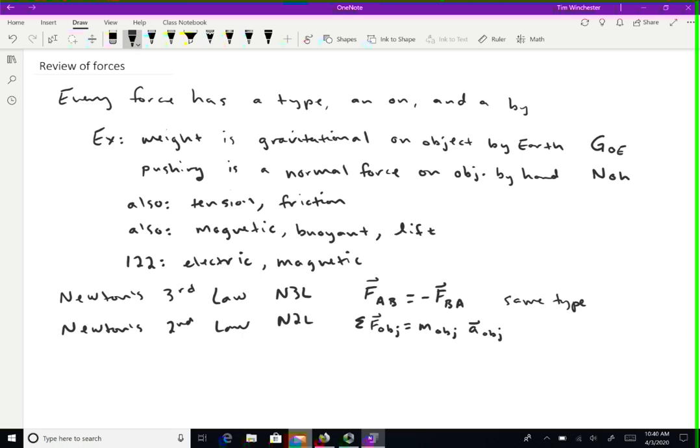So the acceleration of an object is always in the same direction as its net force. In some ways you can think of this as defining mass, which is kind of interesting. We would call this the inertial mass, the ratio between the net force and the acceleration of an object.